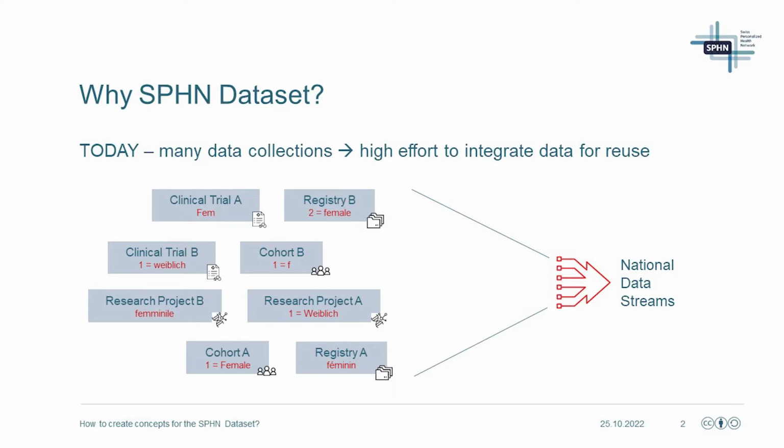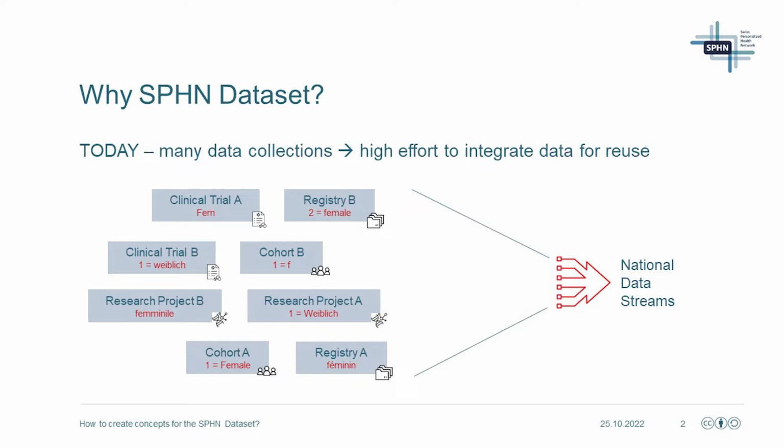So when we take the example of gender for clinical trial, female gender has been encoded with the abbreviation FEM. For registry B, female gender is encoded as 2, but we see here as well that for the research project A, we have the encoding of weiblich, which is German for female gender, as 1. And this results in a high effort to integrate such data for reuse.